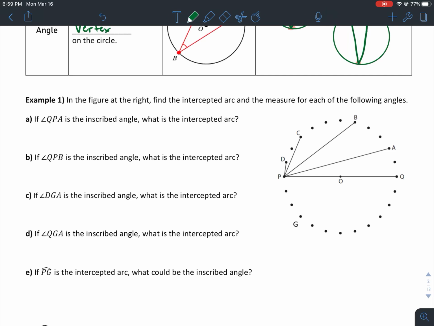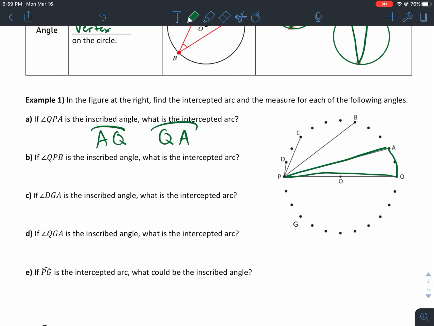All right, so for example 1, it says in the figure to the right, find the intercepted arc and the measure for each of the following angles. So if QPA is the inscribed angle, what is the intercepted arc? So we have Q, P, and A. The intercepted arc here is going to be arc AQ, or you could say QA.